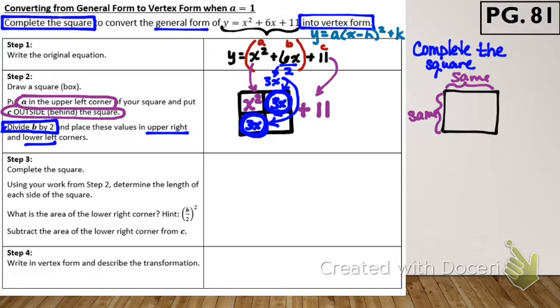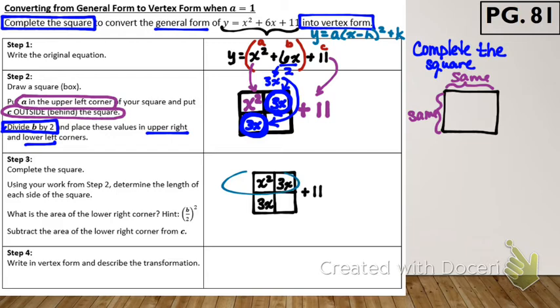Good questions. All right, I'm going to redraw this down below since I've got a lot going on in that upper picture. So we have our x squared here. I have 3x and 3x, and I've got that plus 11 on the back side. We're going to figure out what goes down here.